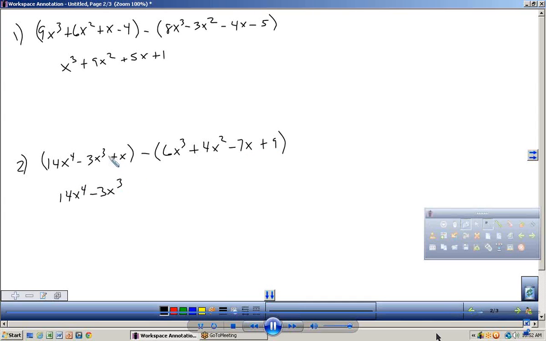And then I have 0x squared minus 4x squared, which becomes negative 4x squared. And then I have 1x minus a negative 7x. Minus negative 7x becomes plus 7x. So 1x plus 7x is plus 8x. And I have no constant, so I have 0 minus 9, which is negative 9.